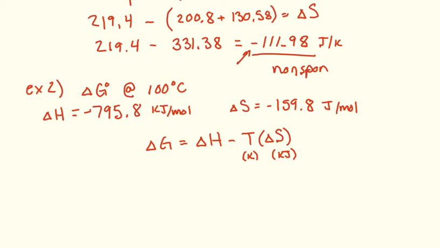So let's do a little bit of work here. Of course, they're going to try to make this more complicated, so our temperature we need to convert to Kelvin. So what we do, we just are going to add 273, and that's going to give us, of course, 373 degrees Kelvin.